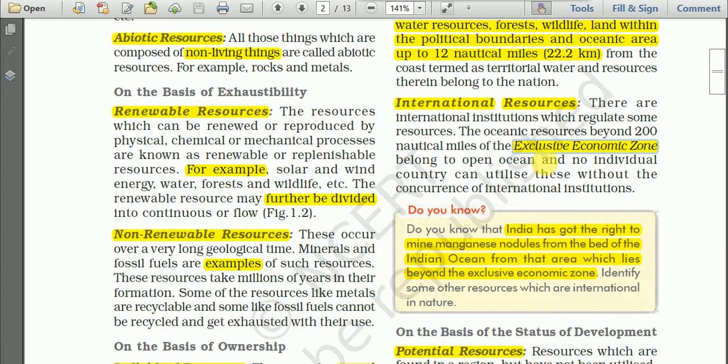So what do you mean by exclusive economic zone? As prescribed by the 1982 United Nations Convention on the Law of the Sea, the exclusive economic zone is an area of the sea in which a sovereign state, an independent state, has special rights regarding the exploration and use of marine resources, including energy production from water and the wind.